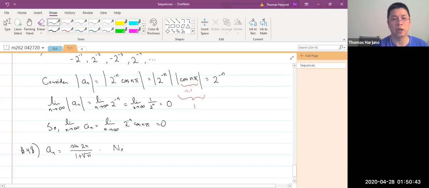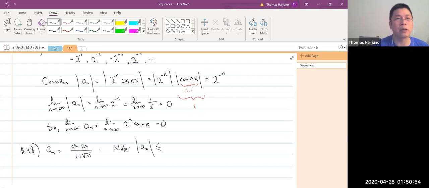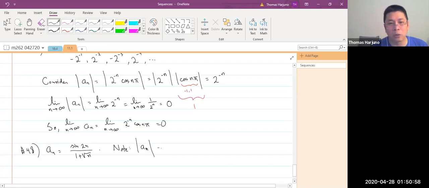Note that the absolute value of a sub n is equal to the absolute value of sine 2n over 1 plus square root of n. Give me a second, I need to be patient. Is it right?